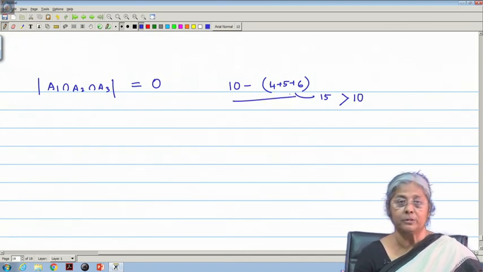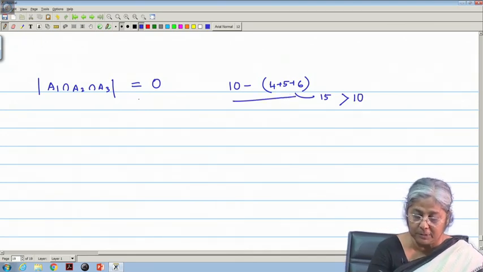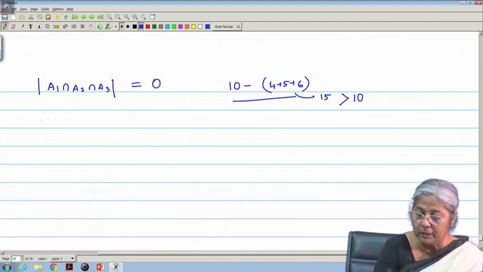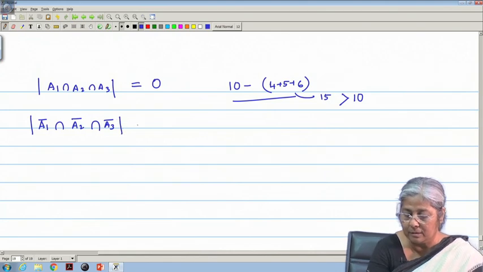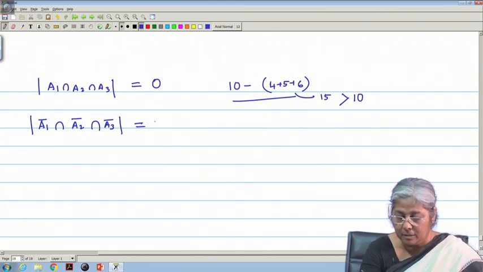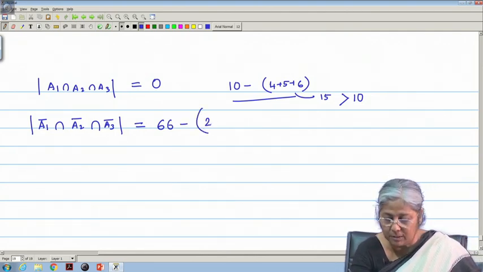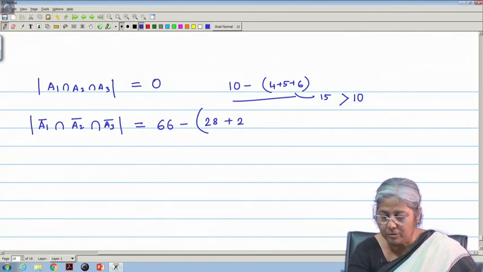So, this type of combination is not possible, so this becomes 0. Now, if I put all those values into the inclusion-exclusion principle, then I get S, that is 66, minus A1 is 28, A2 is 21, and this is 15.